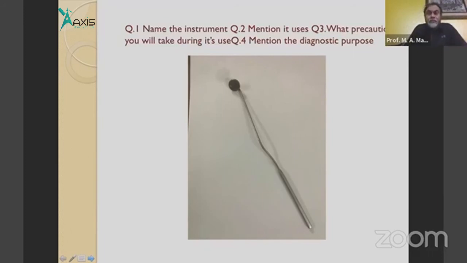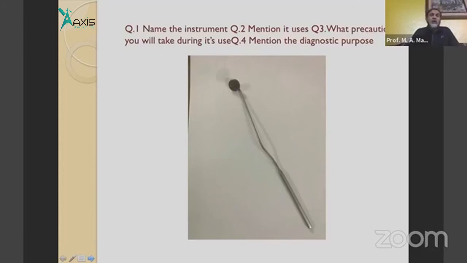Now mention the diagnostic purpose. Diagnostic purpose means, with this mirror, to see the nasopharynx, especially to see whether the adenoid is enlarged, to see antrochoanal polyp, number three, to see nasopharyngeal angiofibroma, juvenile nasopharyngeal angiofibroma, to see any foreign body in the nasopharynx or back of the nose, and to see any growth in the nasopharynx or fossa of Rosenmuller, so that we can take a biopsy.